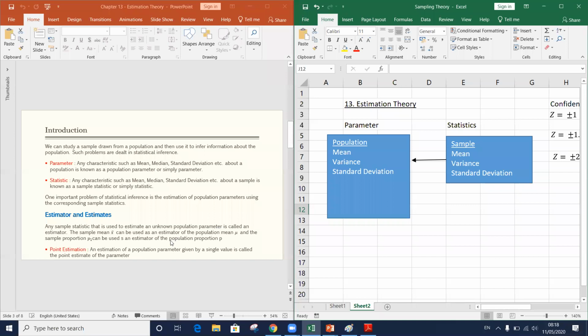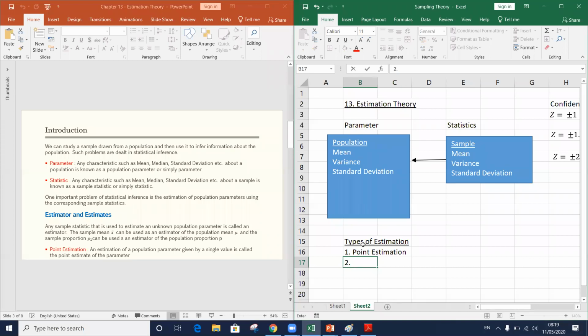When doing estimations, there are two types of estimation. One is point estimation, where we can estimate an exact point. The sample mean is this much, so the population mean will be this much. The sample median is this much, so the population median will be this much.